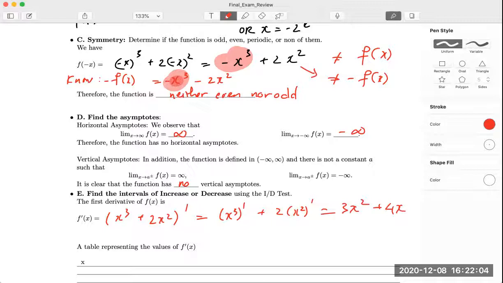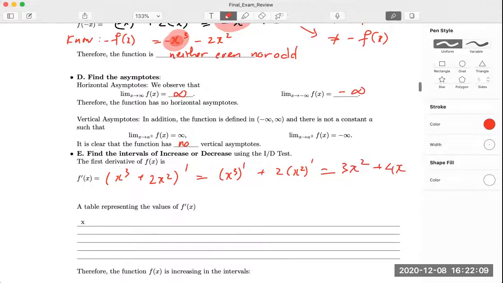That's right. Very good. Now let us factor it out and see.